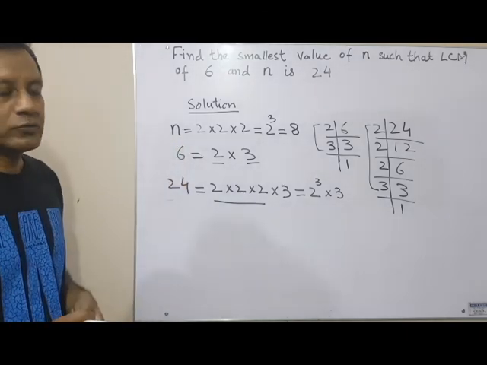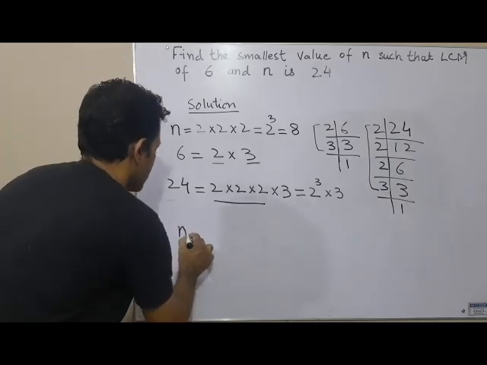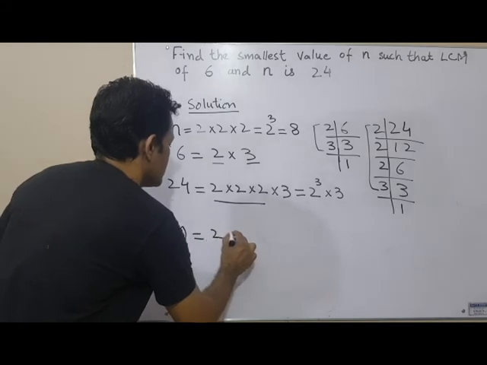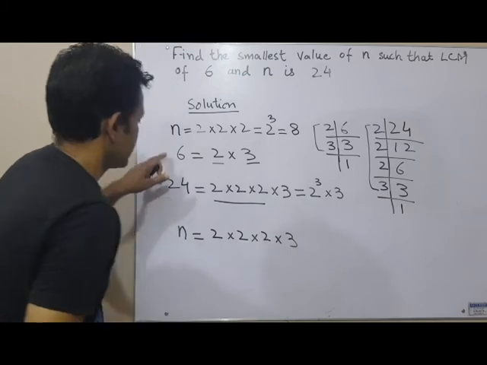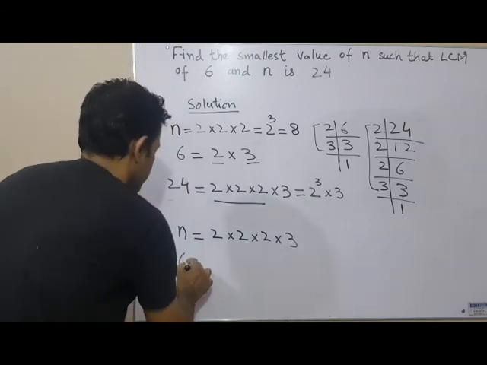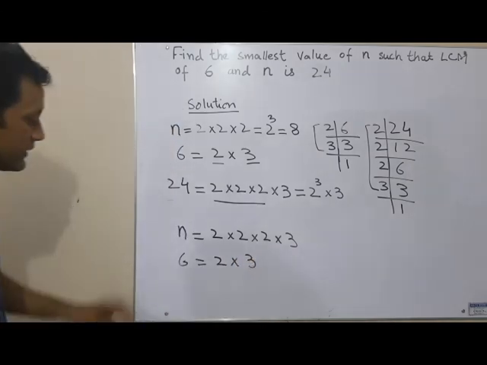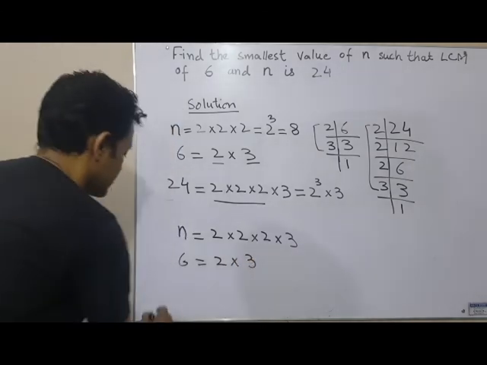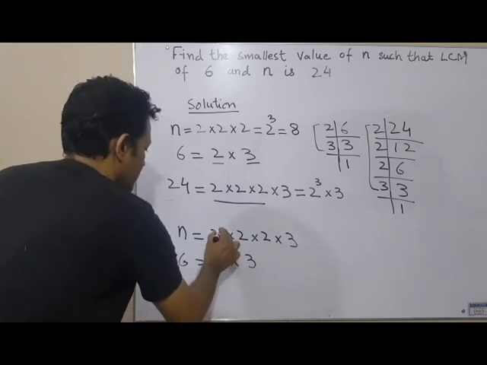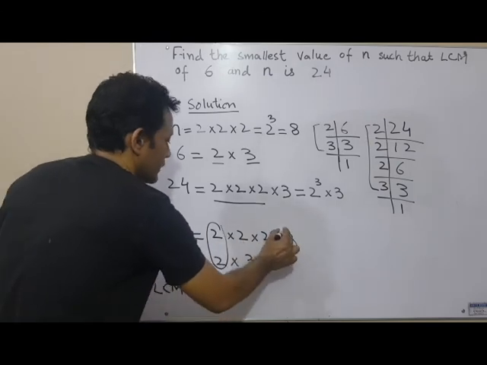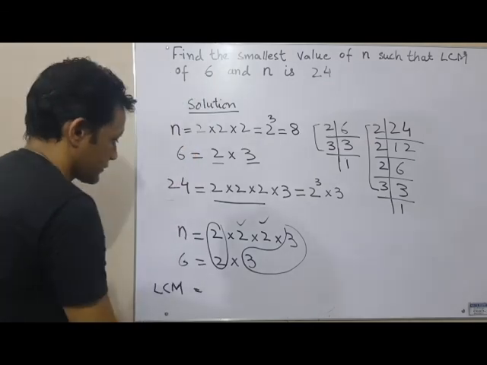n can have another value. n is equal to 2 multiplied by 2 multiplied by 2 multiplied by 3. And we write the prime factors of 6, which are 2 multiplied by 3. If we take the LCM of n and 6, common ones will be written only once, including all the remaining factors.